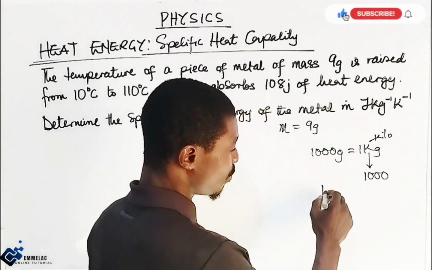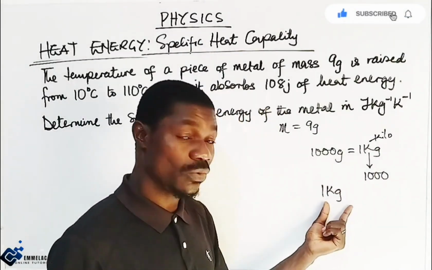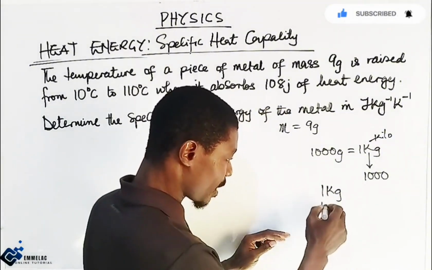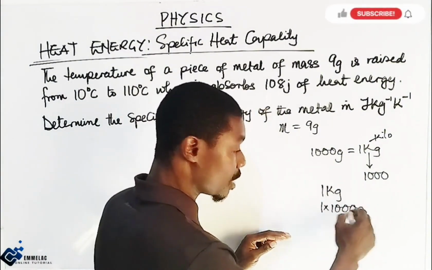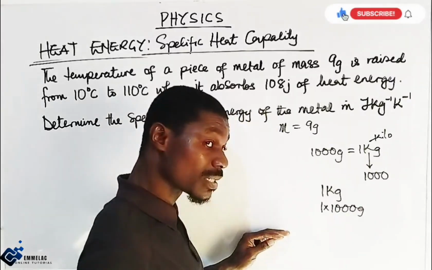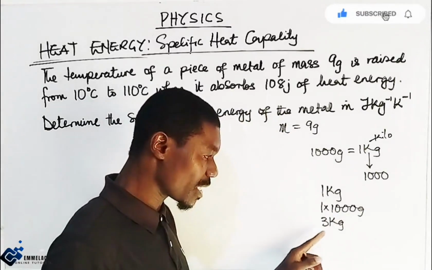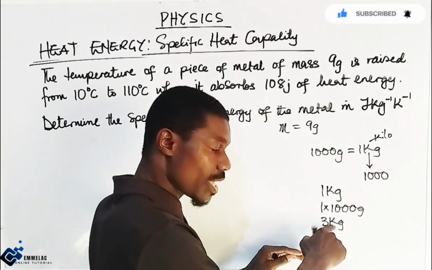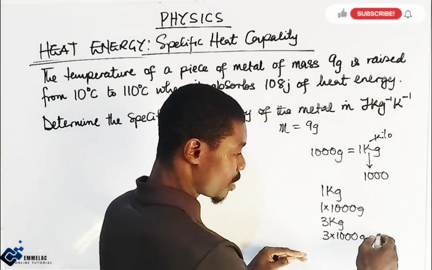So if you have 1 kilogram and you are converting it to gram, you just need to do 1 times the kilo, which is 1000, then you have your gram. If it is 3 kilogram, it implies that 3 times this kilo, which is 1000, you end up having 3000 gram.